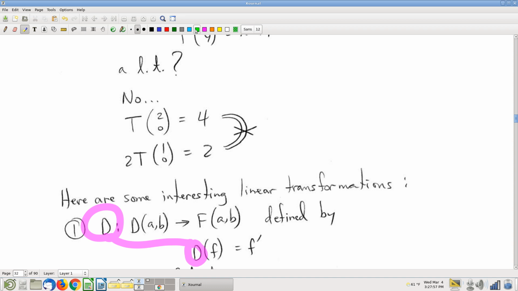What D does is it takes a function in this domain, namely a differentiable function. Flashback to section 2.2. This is the vector space of all differentiable functions defined on the interval from A to B. And what D does is take its derivative, thus resulting in some function.